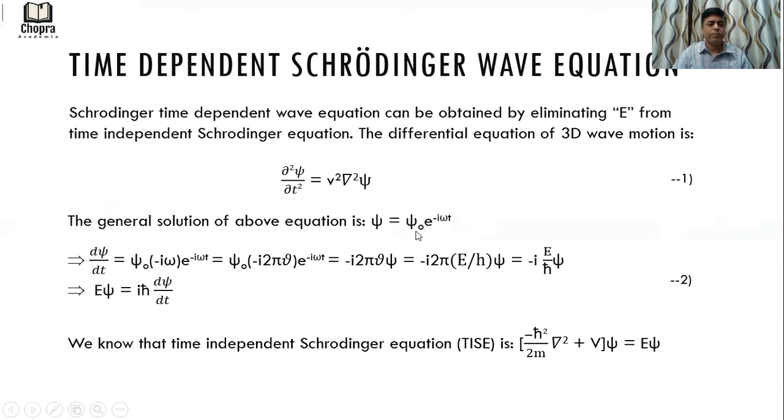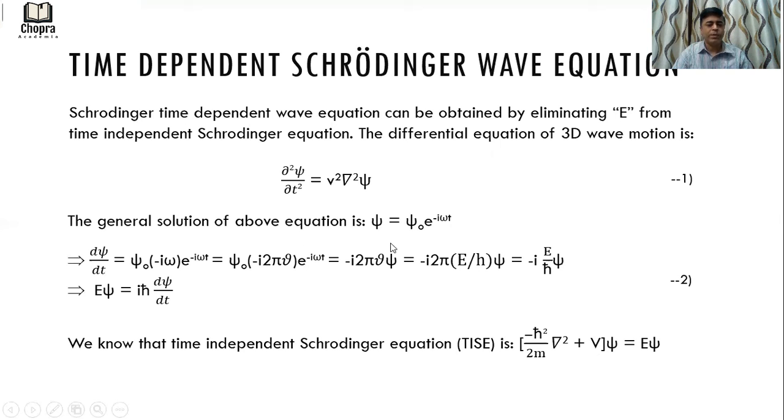So that is psi is equal to psi naught times e to the power minus i omega t. So we differentiate this general solution with respect to time. We get d psi by dt is equal to psi naught times minus i omega e to the power minus i omega t, which is equal to psi naught times minus i 2 pi nu e to the power minus i omega t is equal to minus i 2 pi nu psi. We have substituted for psi from the previous equation.